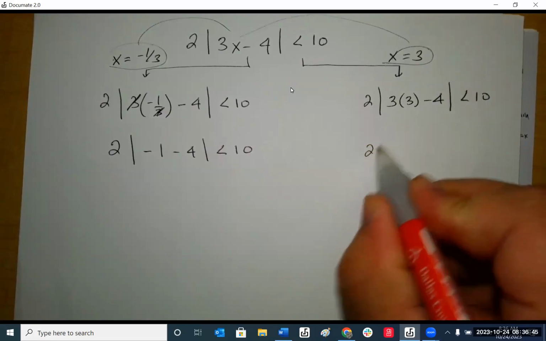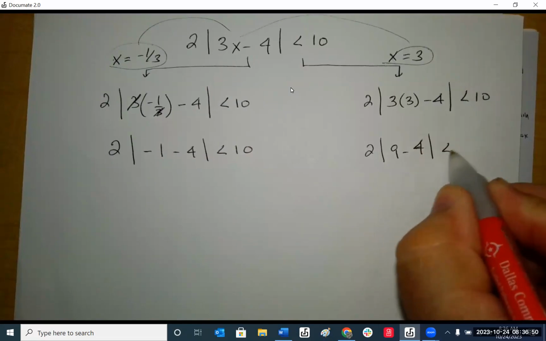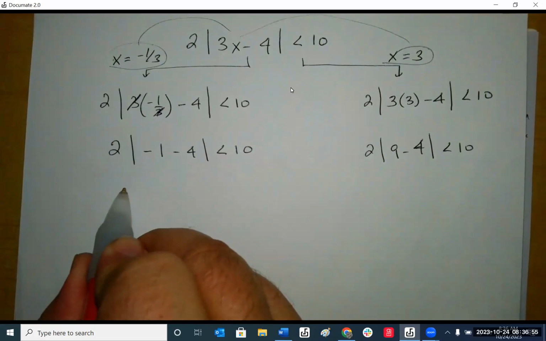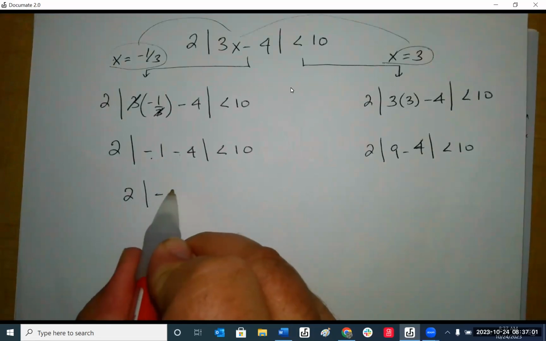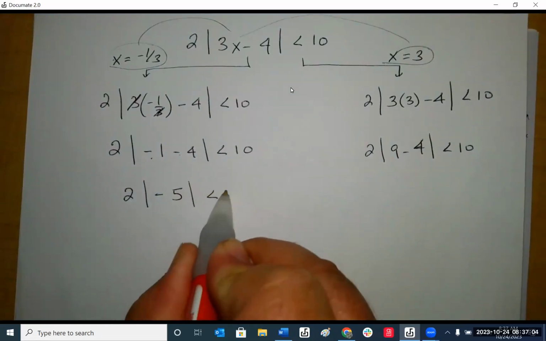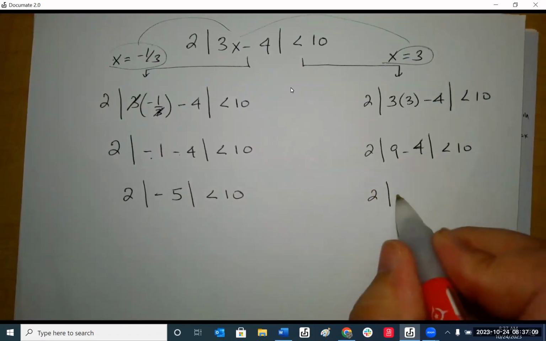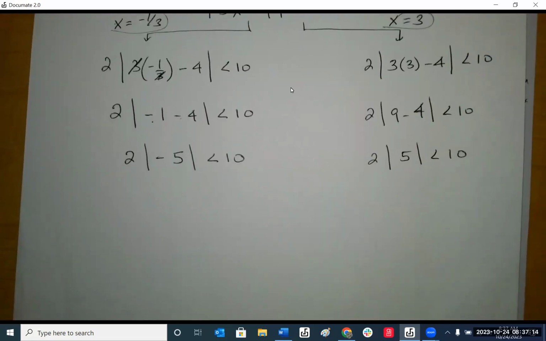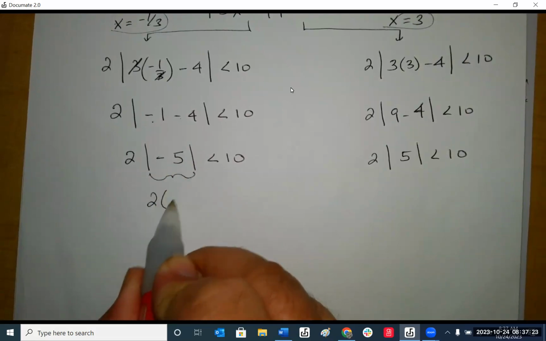And on the other side, 3 times 3 is 9. -1 minus 4, they're both negative, so we add them. 9 minus 4 is 5. Absolute value of -5 is 5.